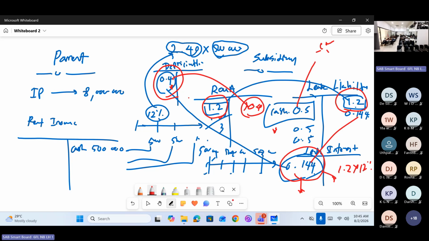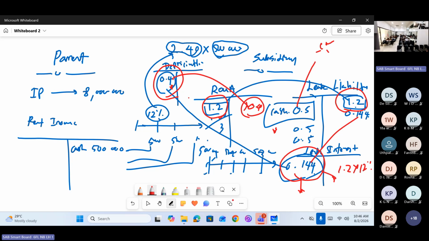Now we need to eliminate these entries, right? We are supposed to eliminate these entries. First, what we have to do? Eliminate your liability account and the asset account.